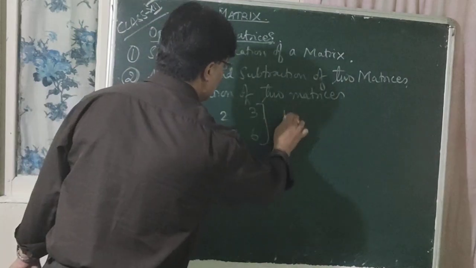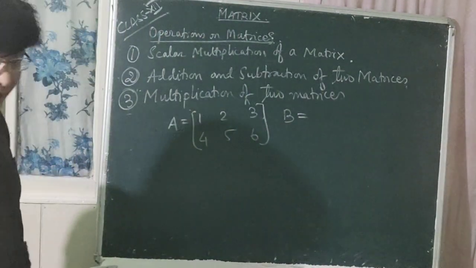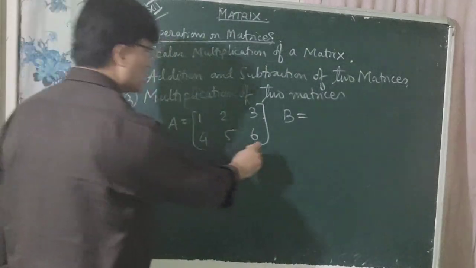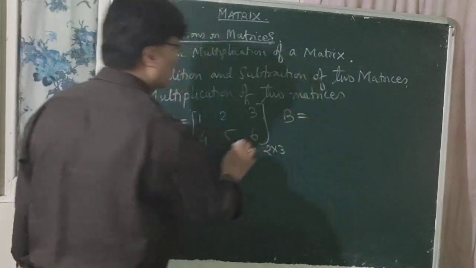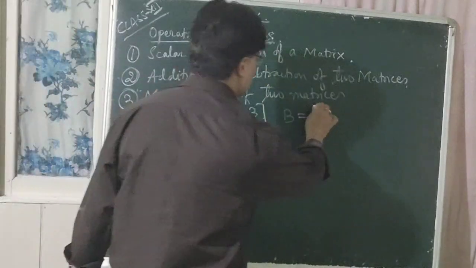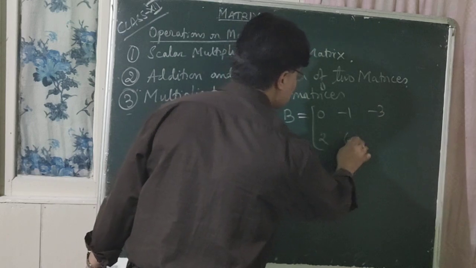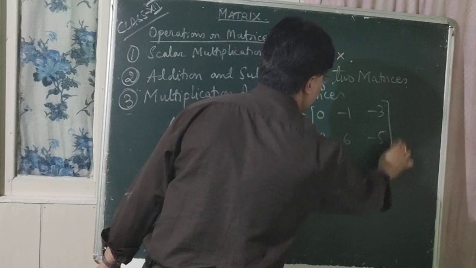And B should be of the same order as A. That is, A is of order 2 cross 3, so B should be also of the same order. Suppose it is 0, minus 1, minus 3, 2, 6, minus 5.